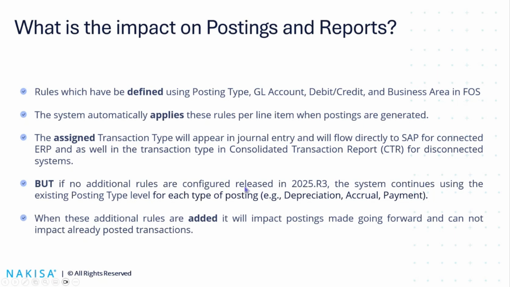There's no change in requirement for additional configuration. Though when you do add your additional rules that we have just gone through, it will impact your postings, and it will be for only postings that are made going forward, and it will not impact the already posted transactions in the solution.